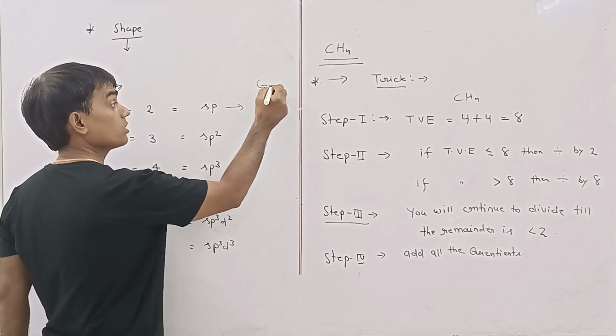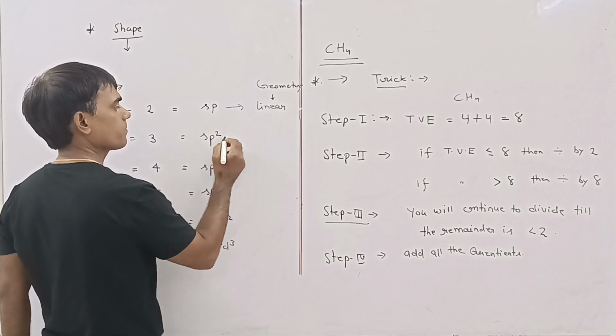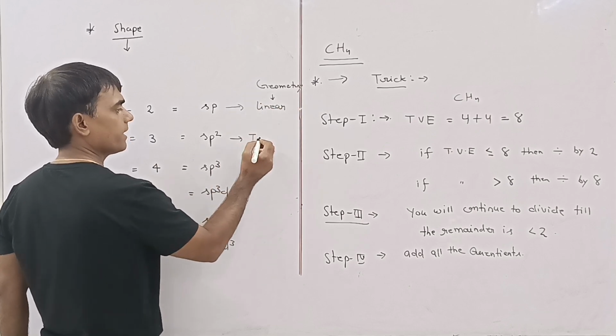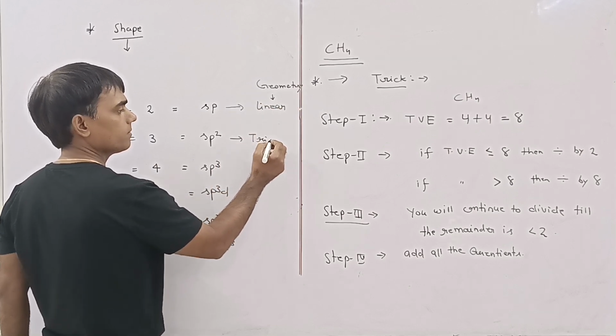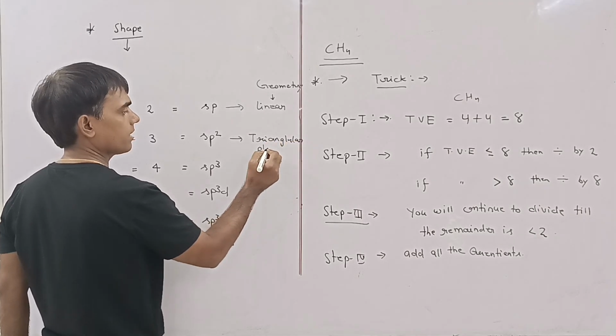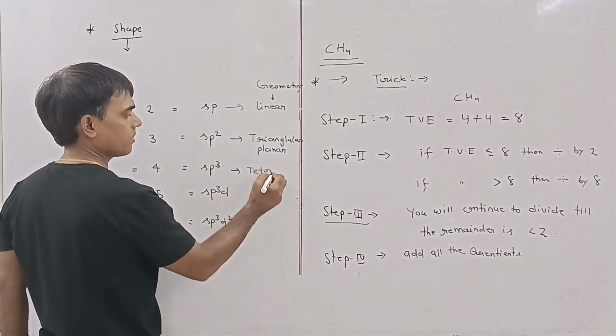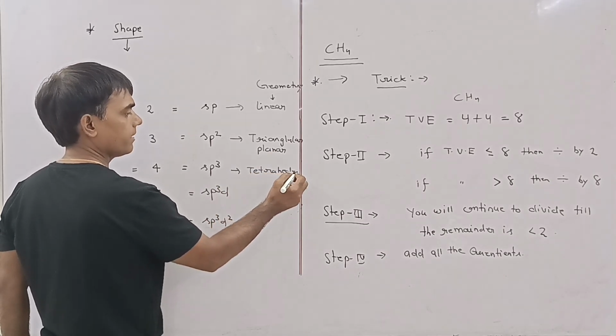Now the geometry for sp will be linear. This is geometry, not shape. For sp2, it is triangular planar. After that, for sp3, it is tetrahedral.